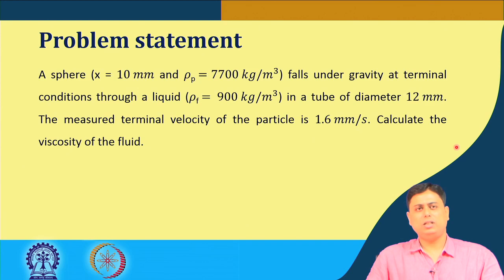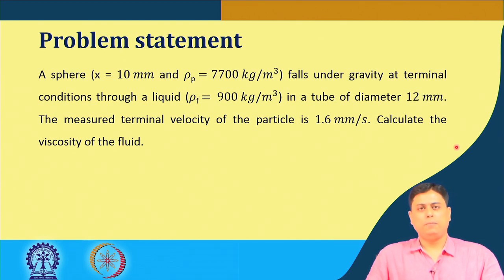The measured terminal velocity of the particle is 1.6 millimeter per second. So what is the viscosity of the fluid? This is a typical problem where we have to determine the viscosity of a fluid by the falling sphere method.